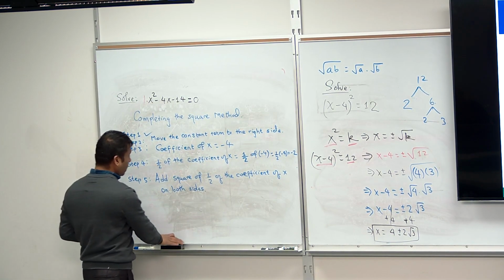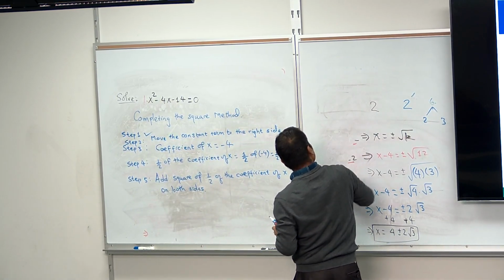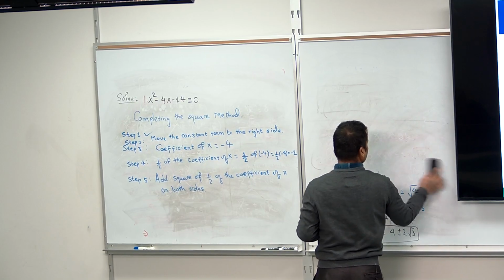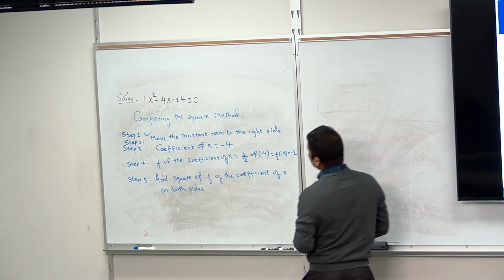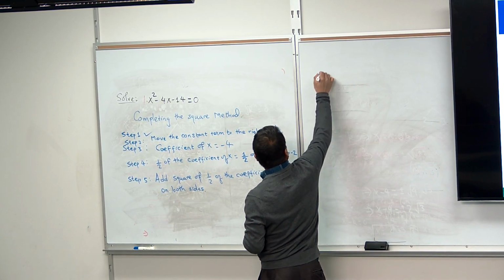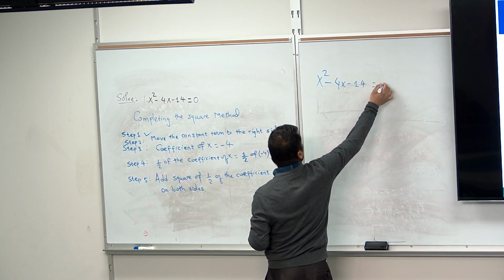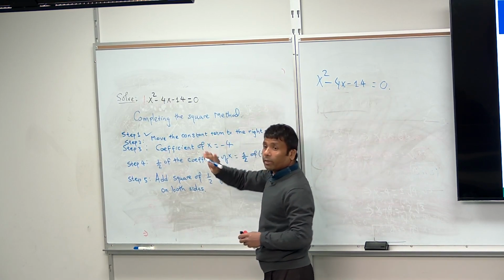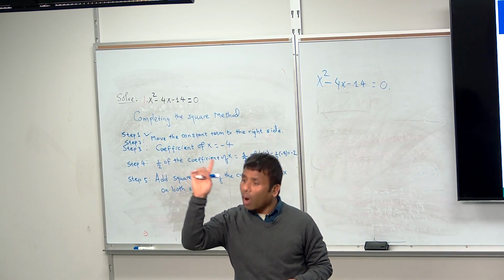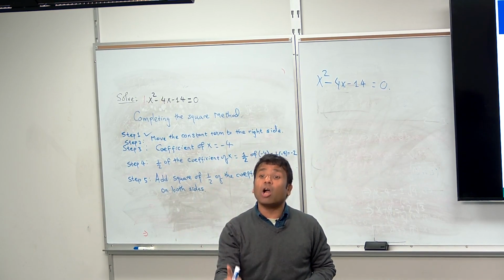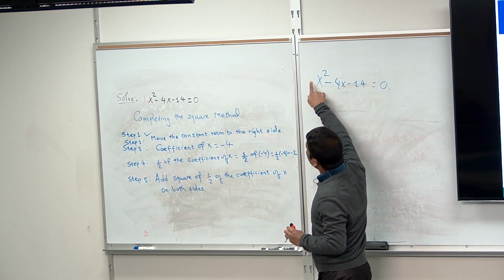So let me look here. We have x square minus 4x minus 14 equal to 0. And step 1, make the coefficient of x square 1 if it is not 1, right? But we already have coefficient of x square 1.